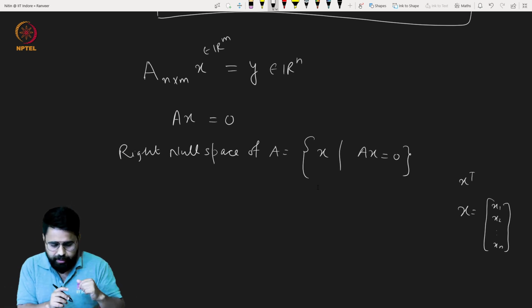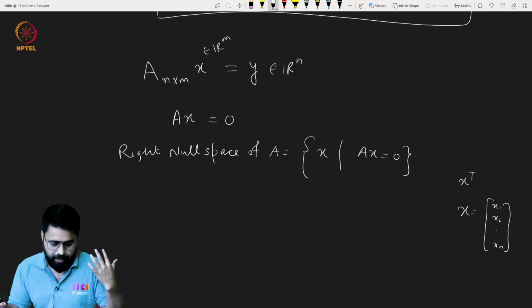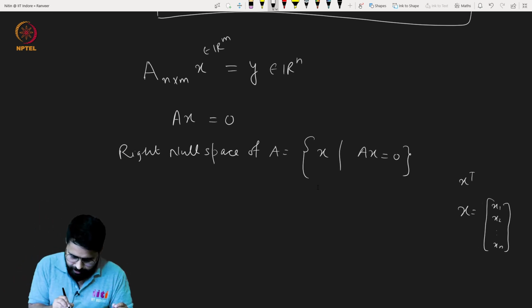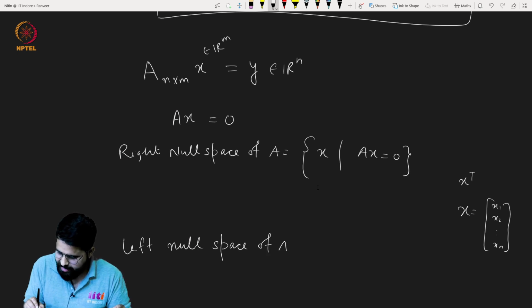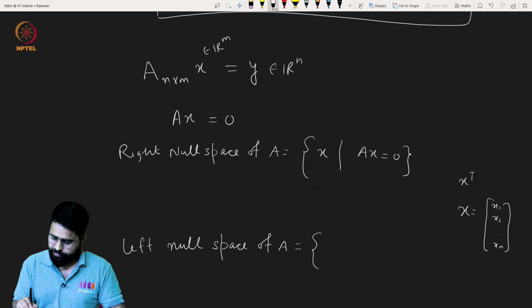Now similar to the right null space, there is something called the left null space of A.